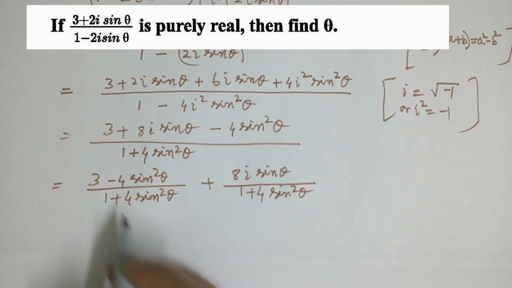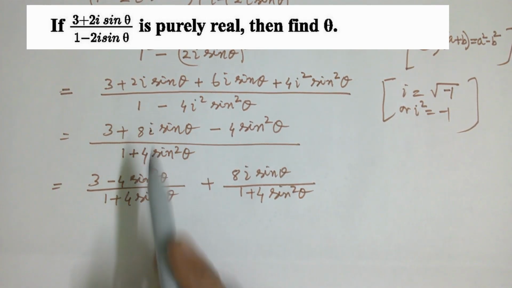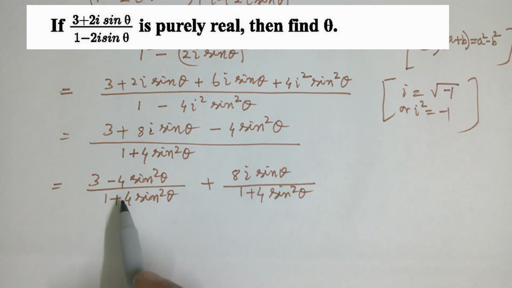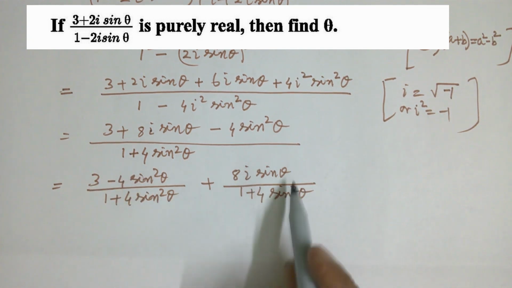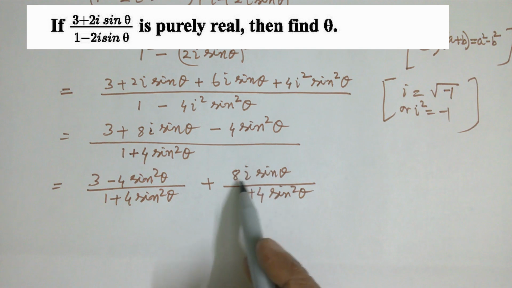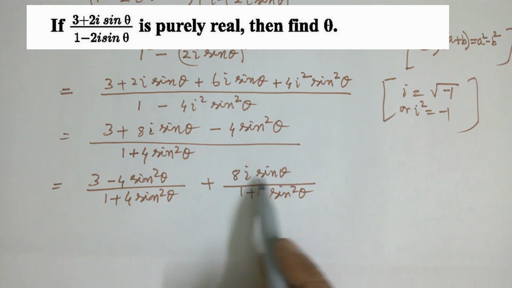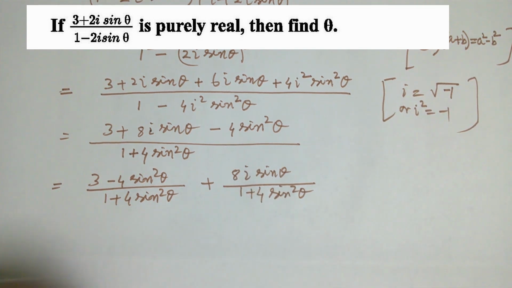See, this is the given expression reduced to a plus ib form, where a is equal to this, and b is equal to 8 sin theta by (1 plus 4 sin square theta).